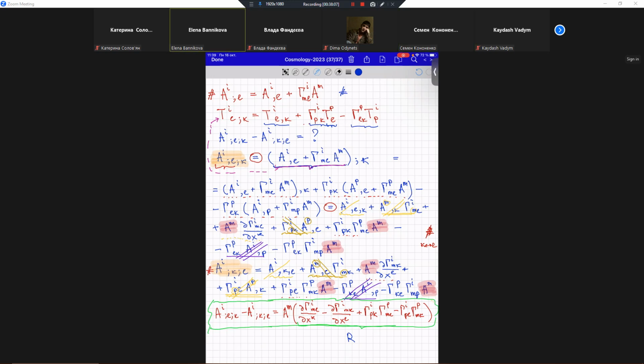Yes, ask the question. Maybe one question about why we can remove the two terms which we marked by red dots under them. So we do not remove them.